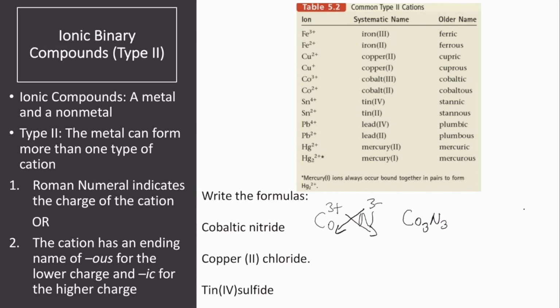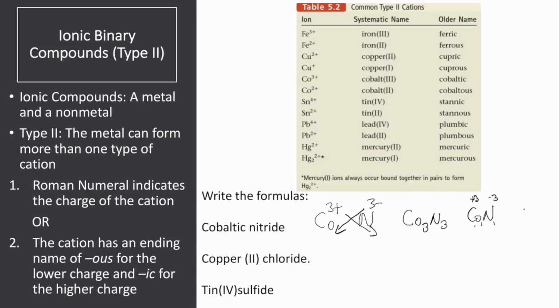But then we have to write the most simplified form of this compound. So we can divide by 3 on both. So that will give us cobaltic nitride as cobalt and nitrogen 1:1. Finally, we can check for neutrality of the charge by putting the +3 on the cobalt and the -3 on the nitrogen, and this is 1:1.